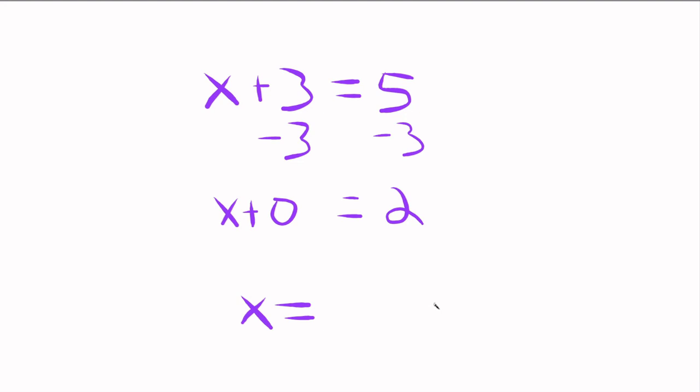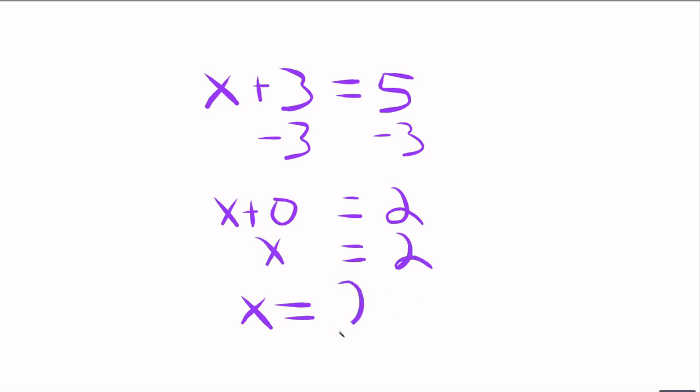Well, we know from our addition identity that anytime we add 0 to a value, we just get that value. So x plus 0 is just x, right? This is just x equals 2.